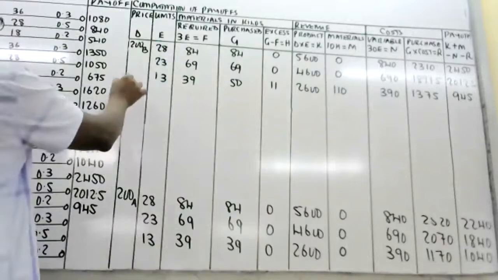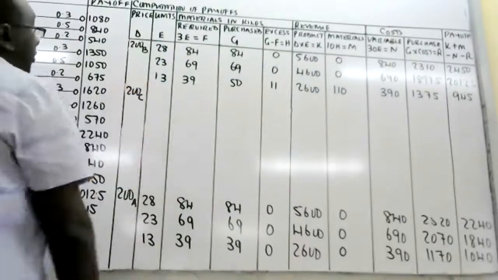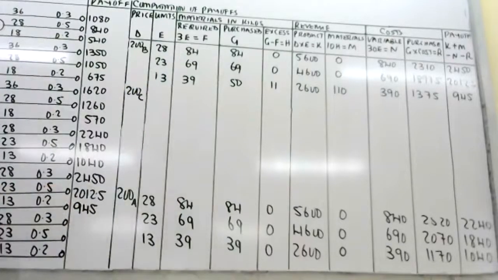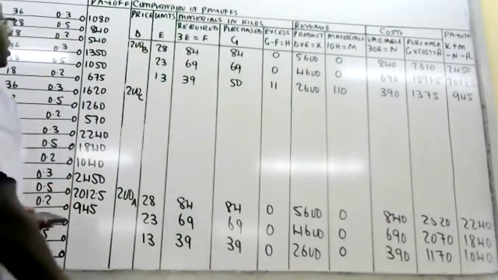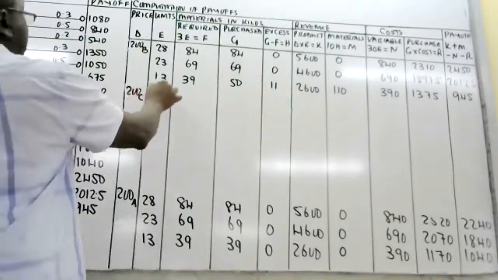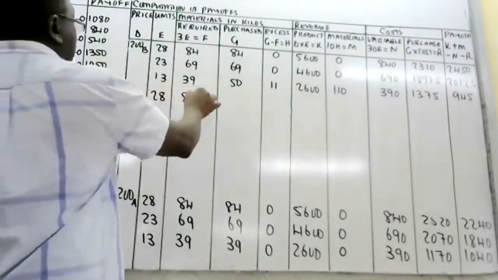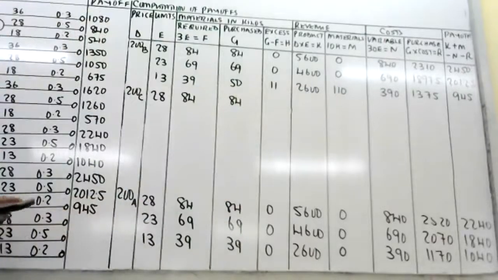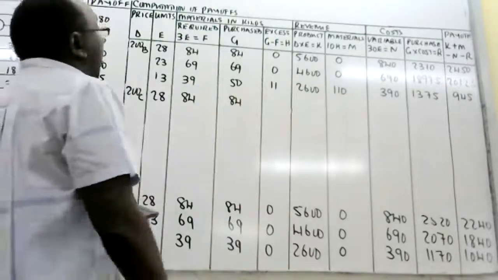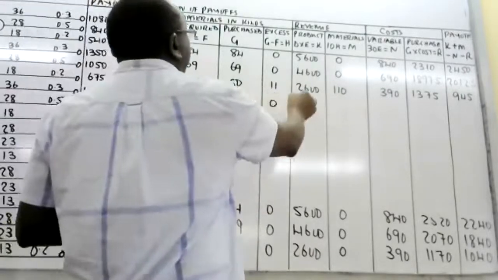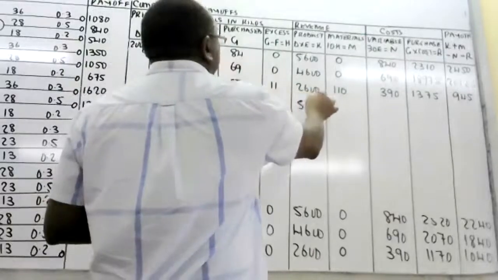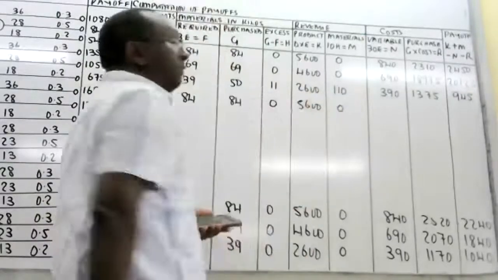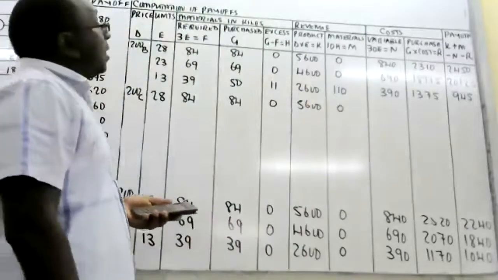Then we go to 200C. Now 200C, we have 28 here, 84, and because we are required to buy 70, we still buy 84. There is therefore no excess. The revenue is 5,600. No revenue from materials.